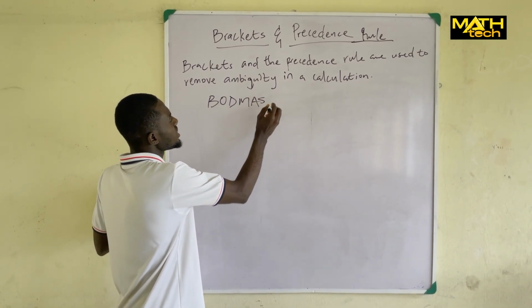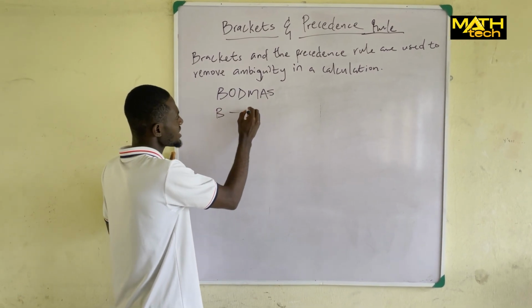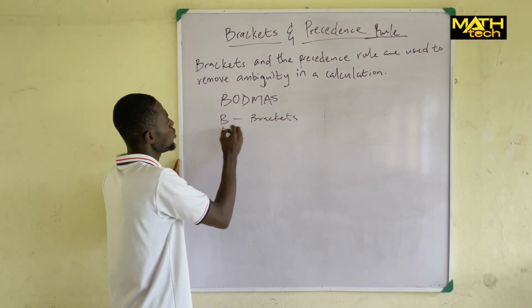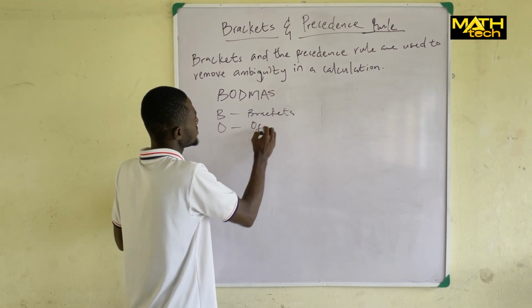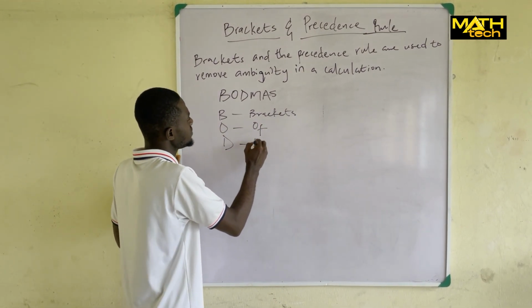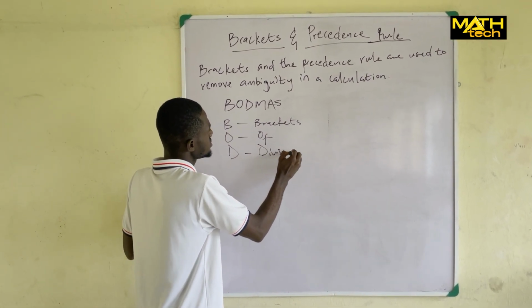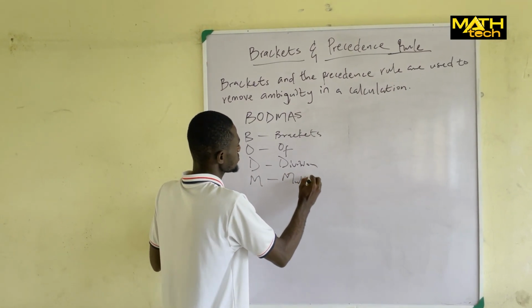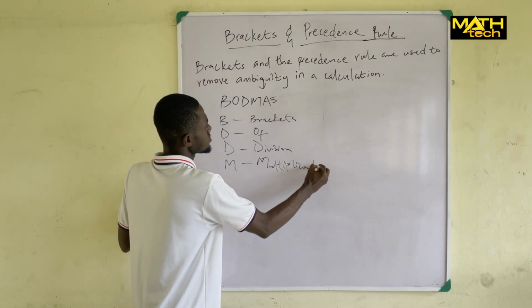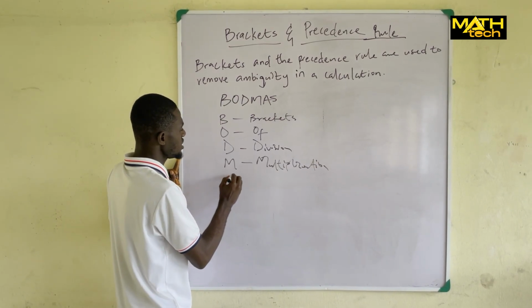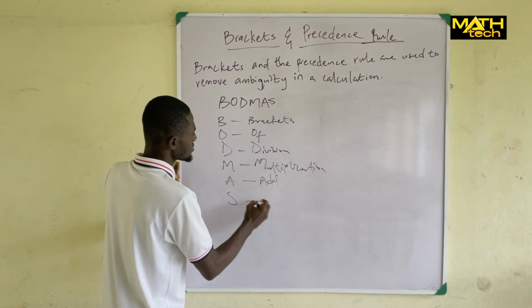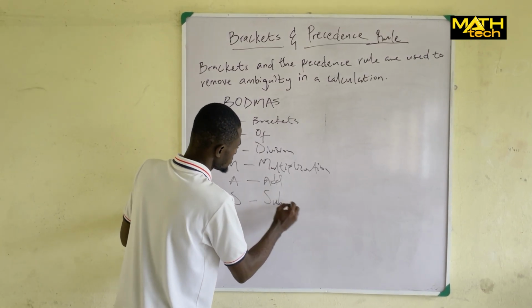So talking about BODMAS, our B is what? The brackets, O of, D division, M multiplication, A addition, and S subtraction.